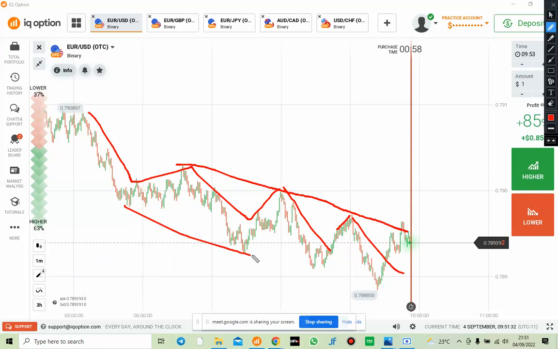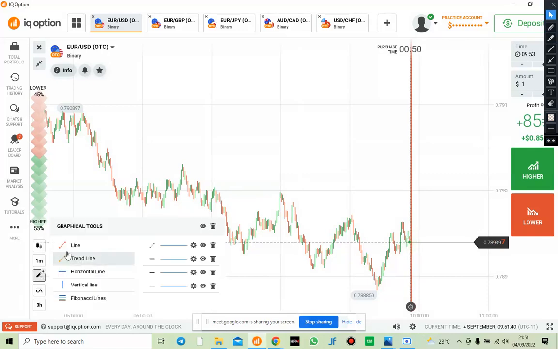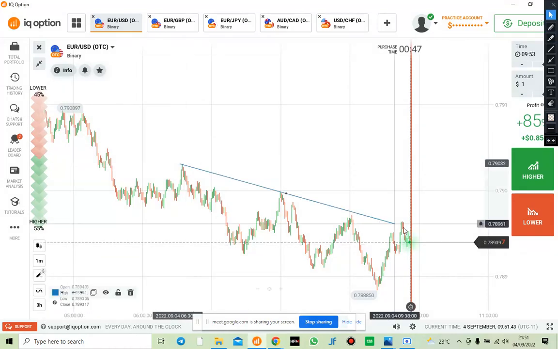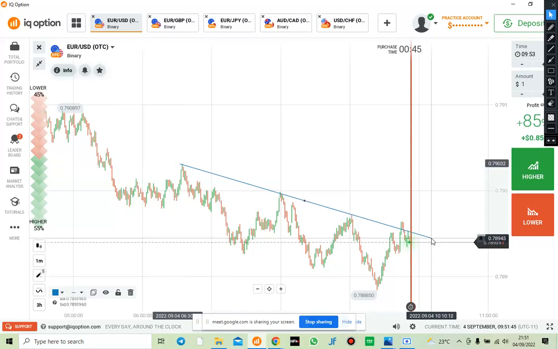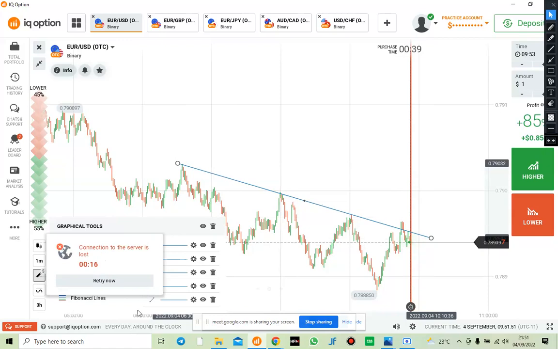Also, the market is creating the low. So we have the downtrend structure, which gives us the trend line. Also, this one we can use a trend line.